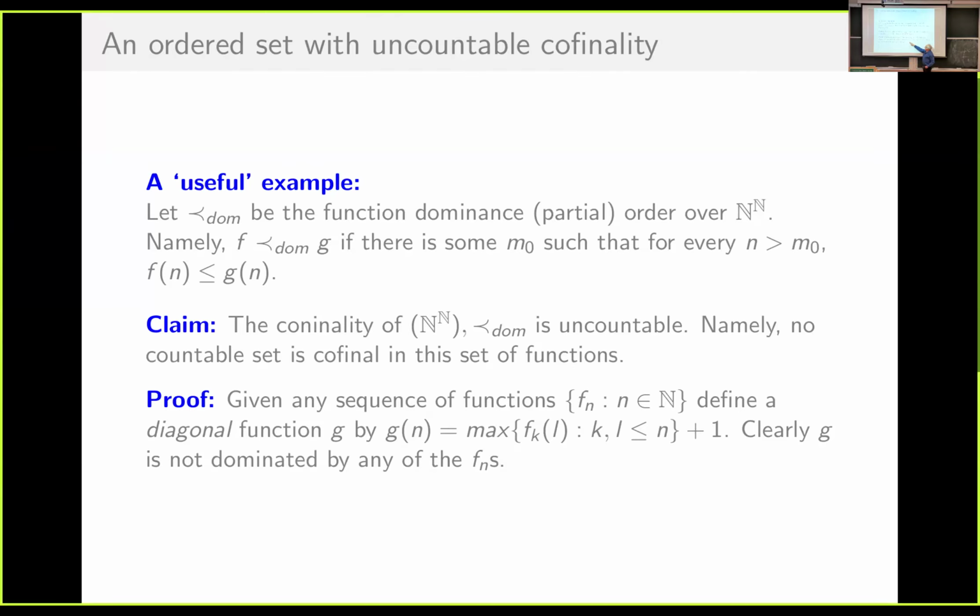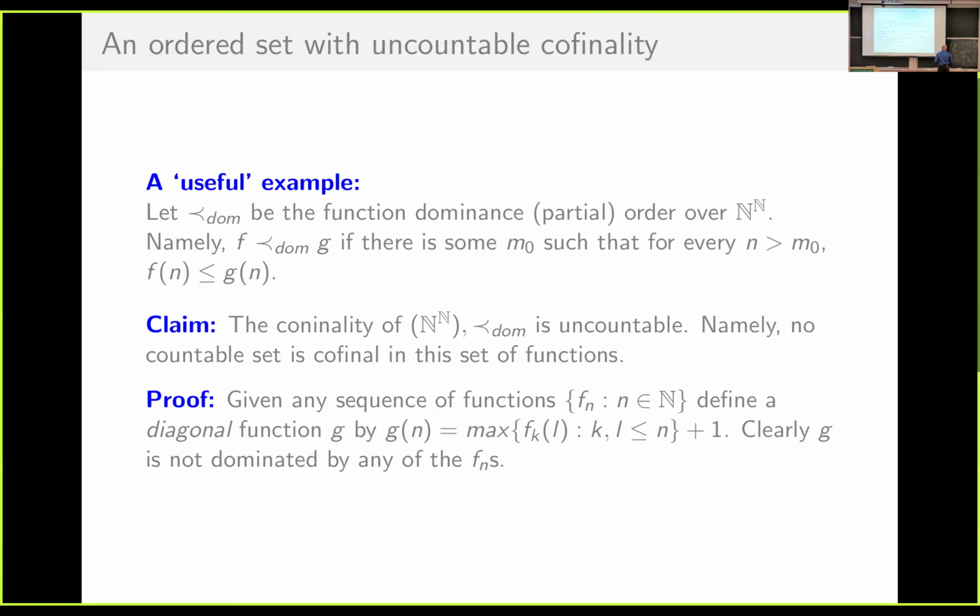So you see, I take the maximum only over finitely many functions. And for these finitely many functions, I just look at the finite initial segment. So here I have a finite collection of numbers. So I can define g of n to be above it, to be this maximum plus 1.